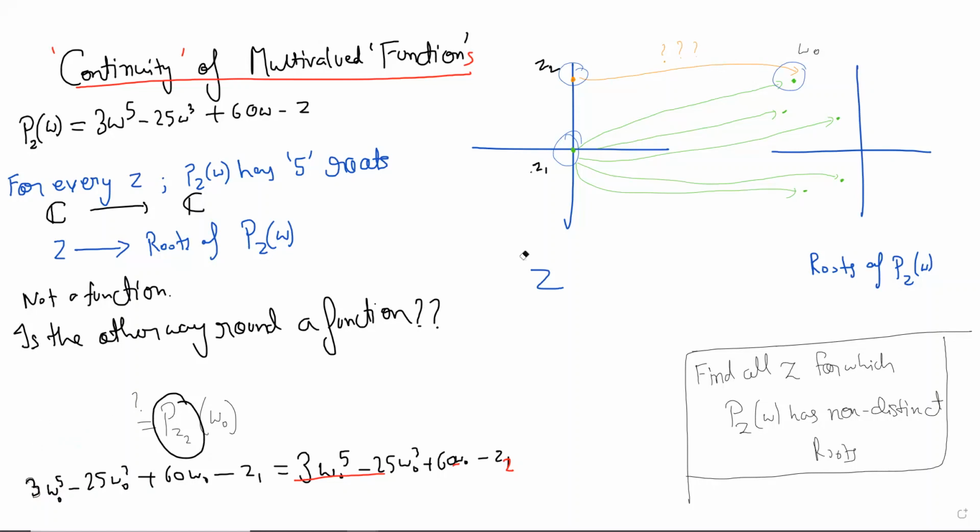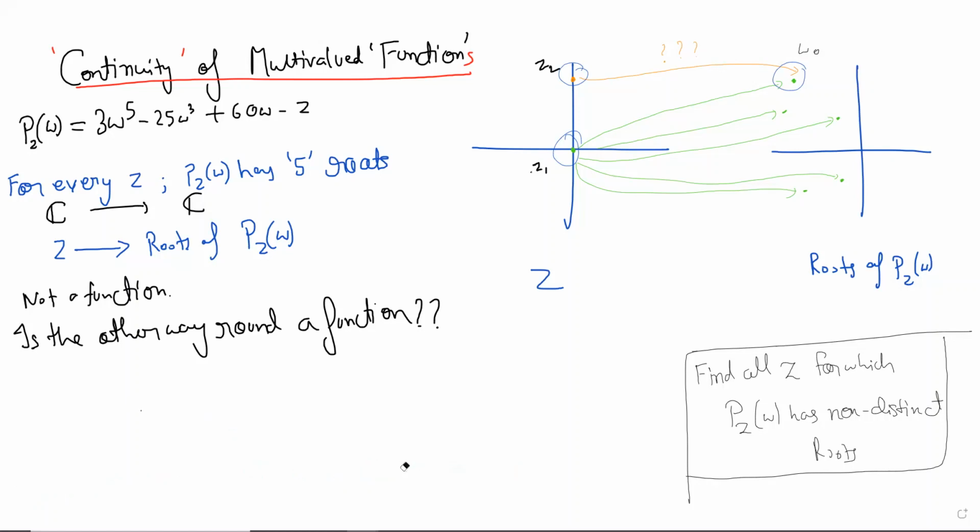Now, since I have written that this association is from C to C, this question is not yet solved. You have to show surjectivity, and so on.